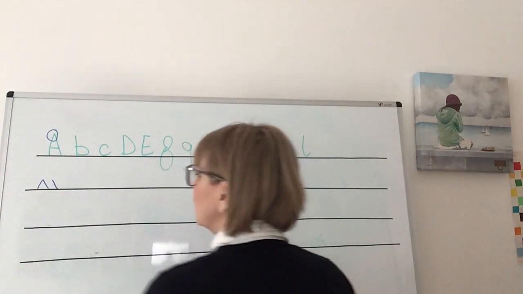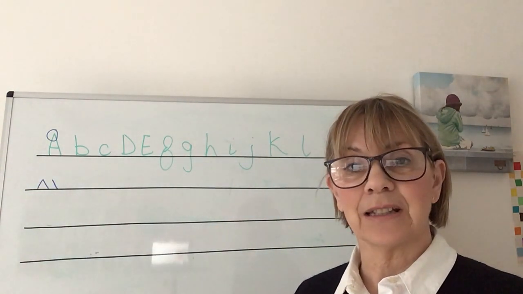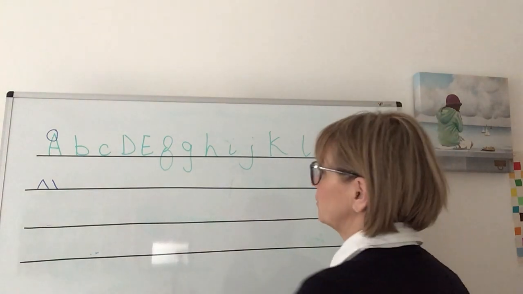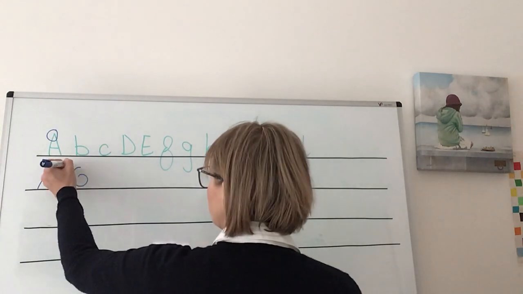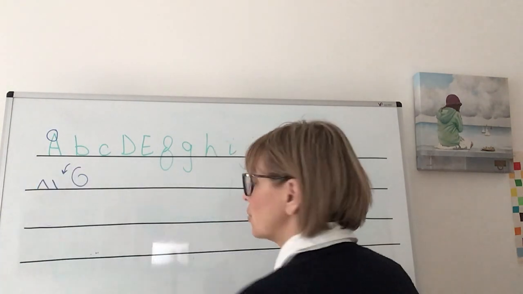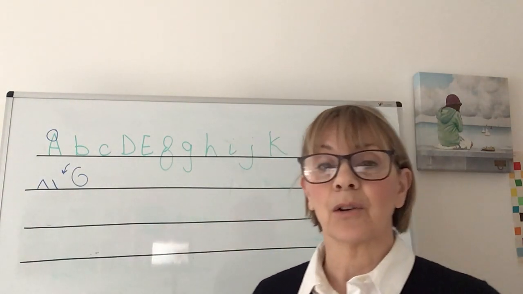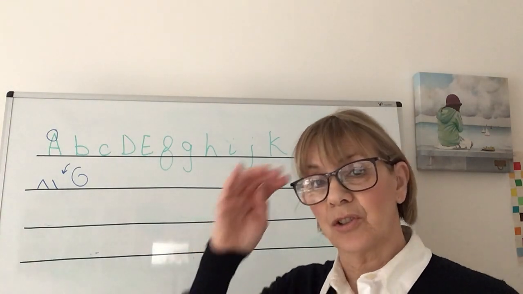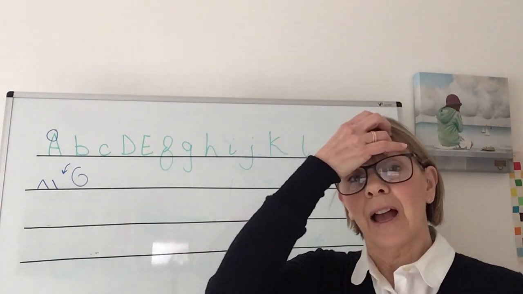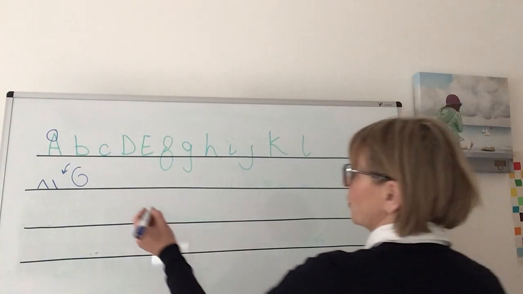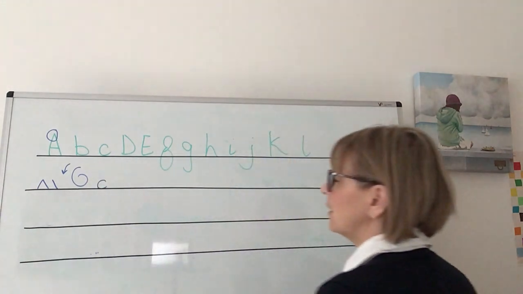The other quicker version is half of it, and that's more used. B is like a big 6 from top to bottom, and the directions are important and the sizes are quite important and the position on the line, but the position on the line is just the same as in longhand, so it's quite easy to remember.